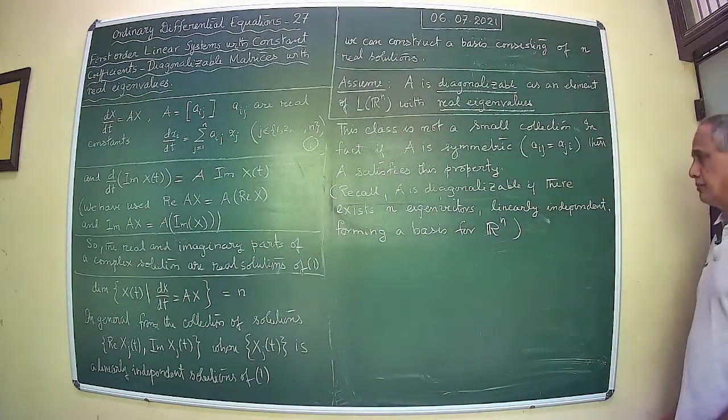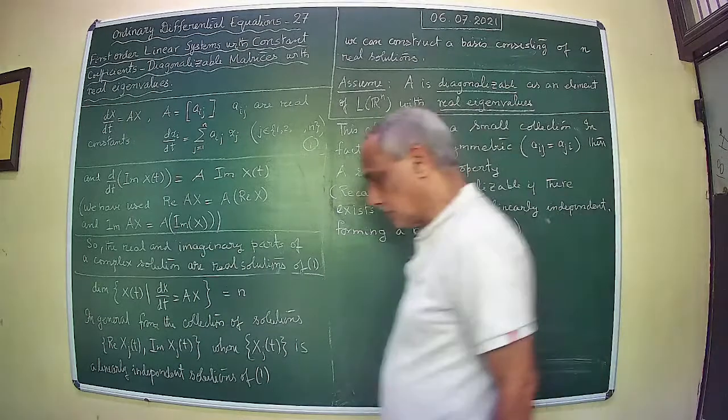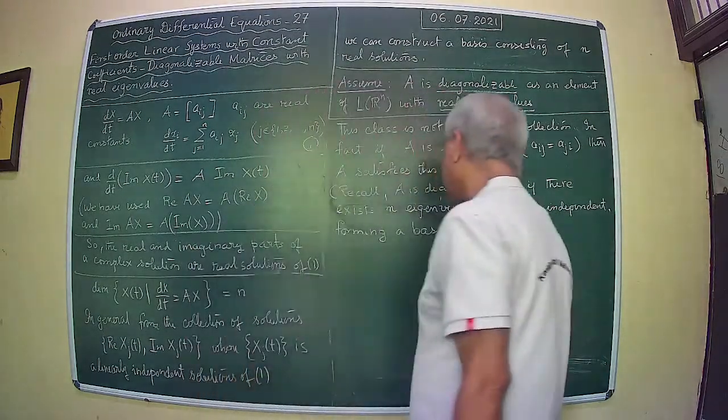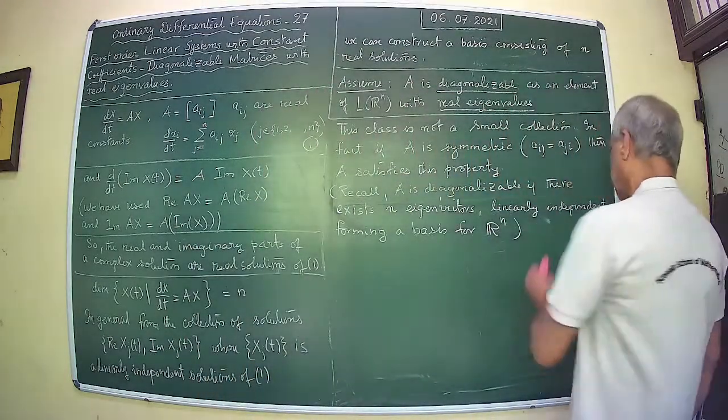That means you can find n eigenvectors of A which will form a basis for Rn.